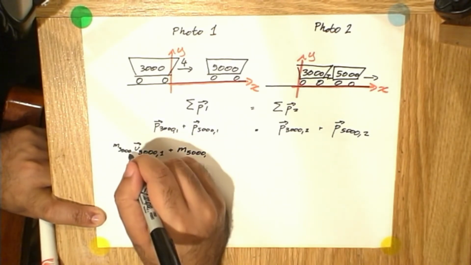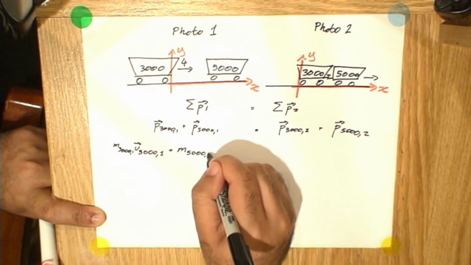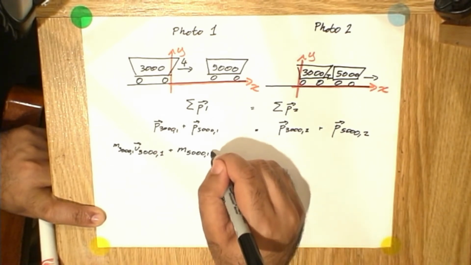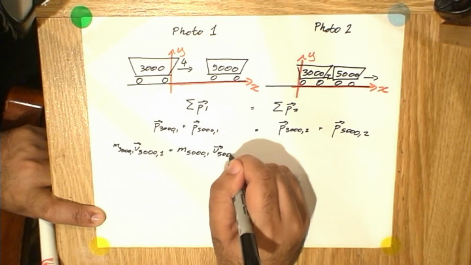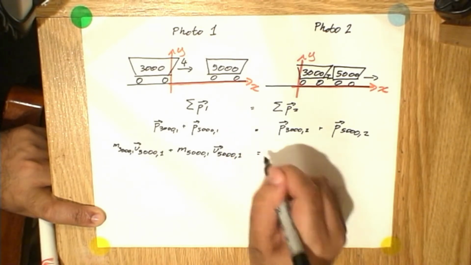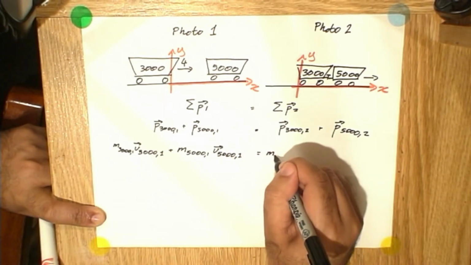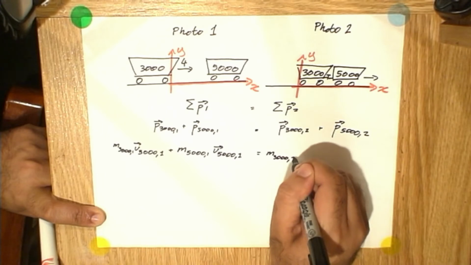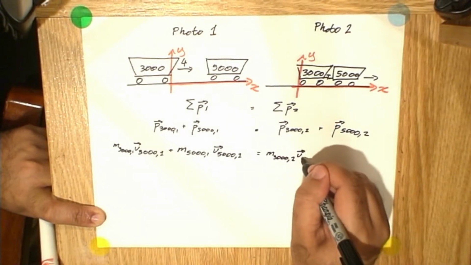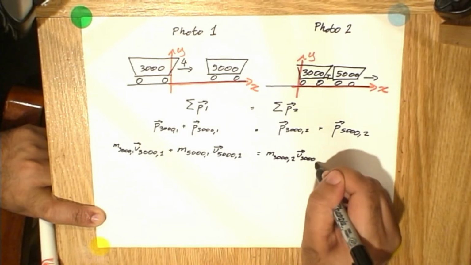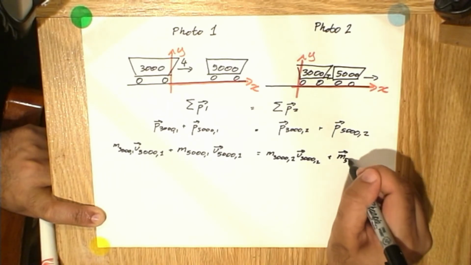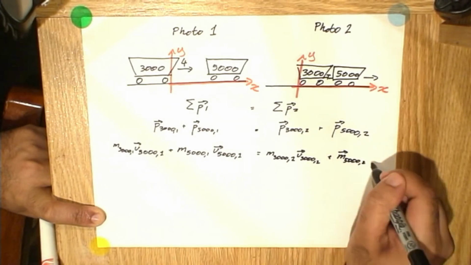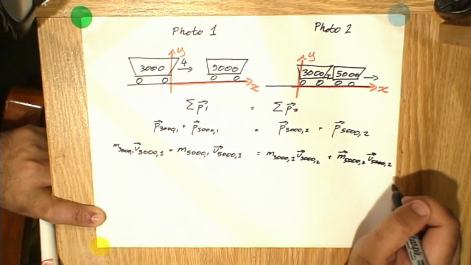And to be clear, mass of the 3,000 in photo 1, mass of the 5,000 in photo 1 as well, times the velocity of the 5,000 in photo 1, is all equal to mass of the 3,000 in photo 2 times velocity of the 3,000 in photo 2 plus mass of the 5,000 in photo 2 times velocity of the 5,000 in photo 2.